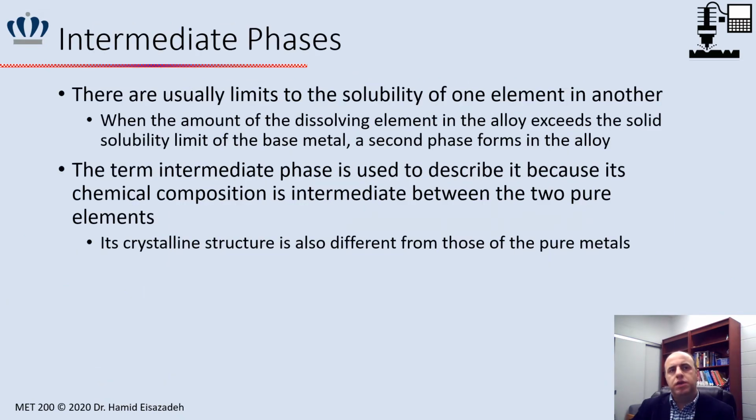Similar to the example I mentioned before, the water and sugar, we have a solubility limit for solid material, and when the amount of dissolving element in the alloy exceeds the solid solubility limit, then a second phase forms in the alloy, and the term intermediate phase is used to describe that excess element, and its composition is going to be between the two pure elements that are mixed together.